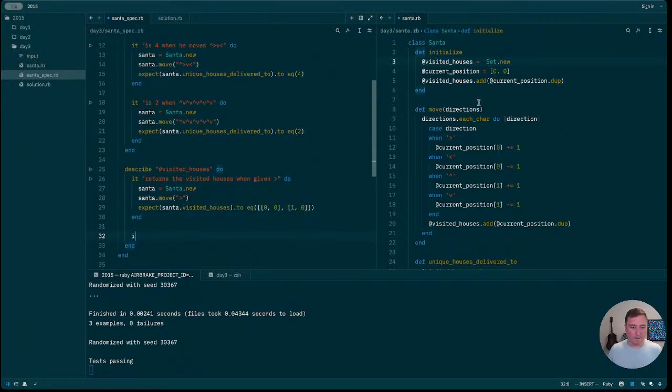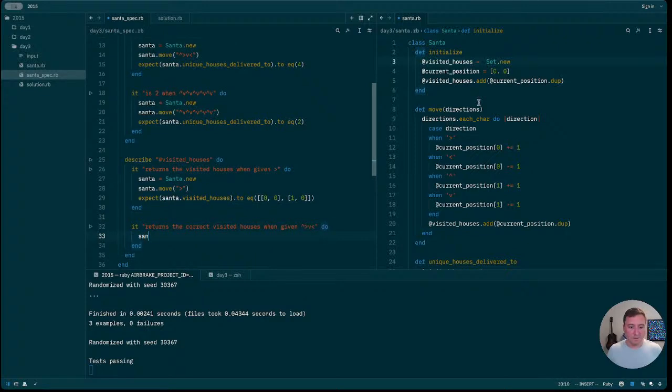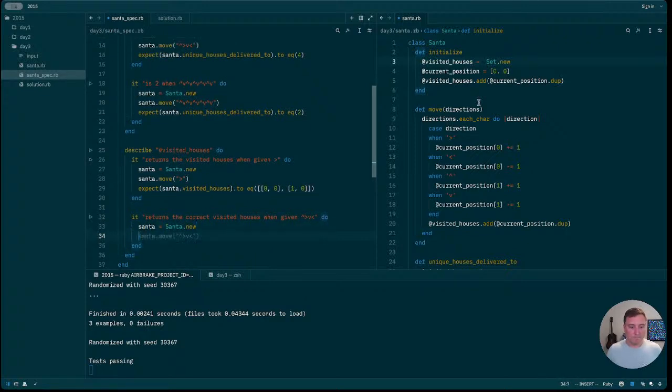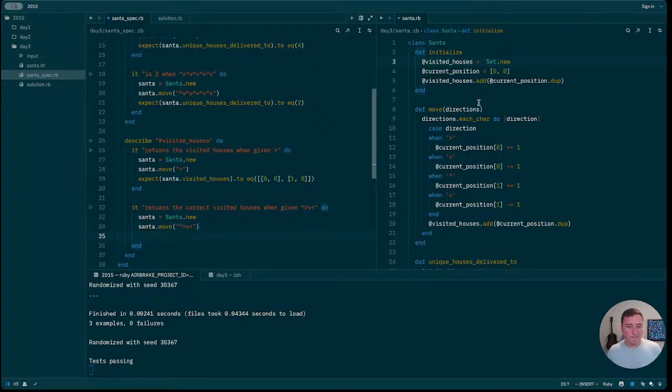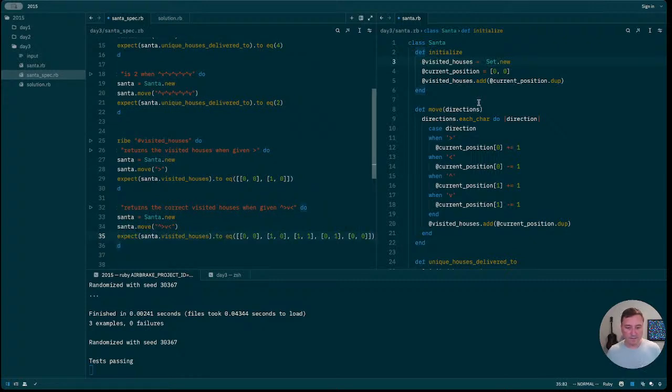Yep. Let's say it returns the correct visited houses when given up, right, down, left. Expect Santa visited houses to equal that. Up is sub 1 plus 1, so that's this one.